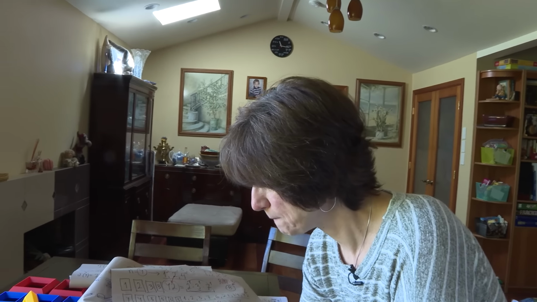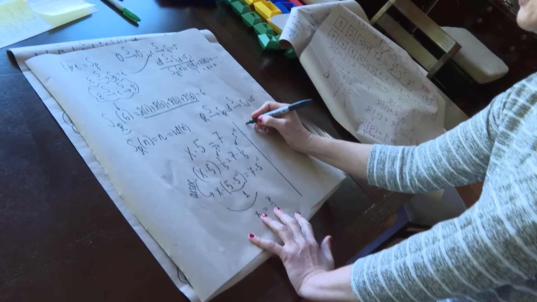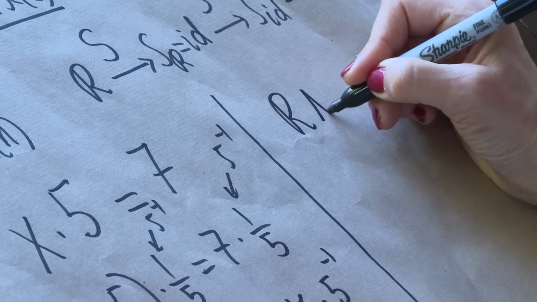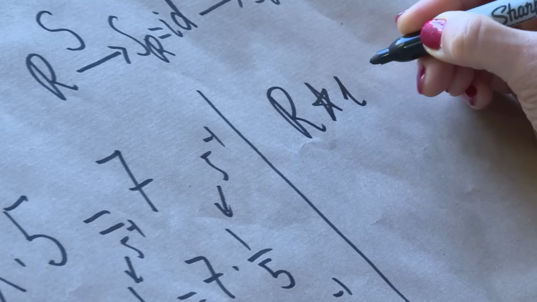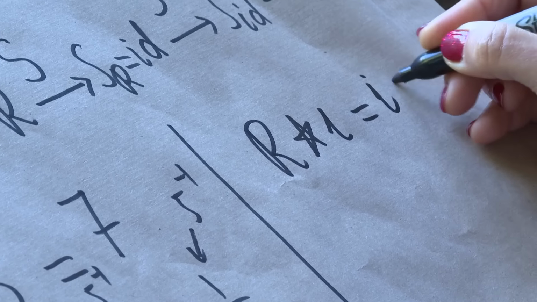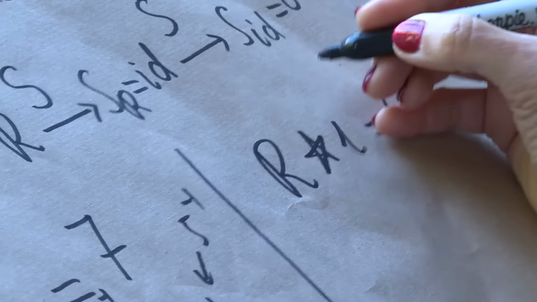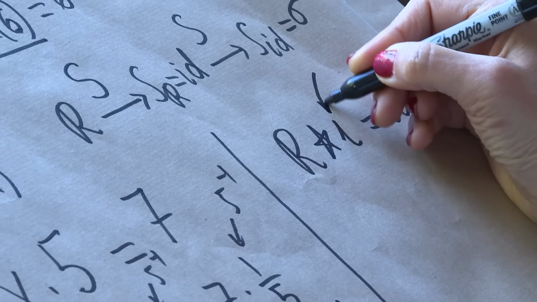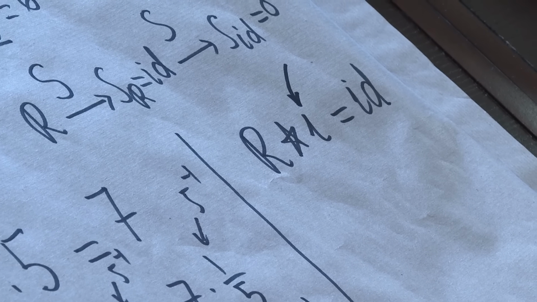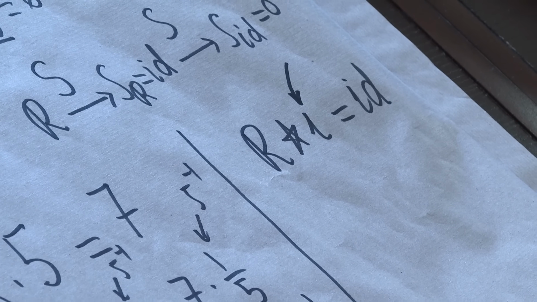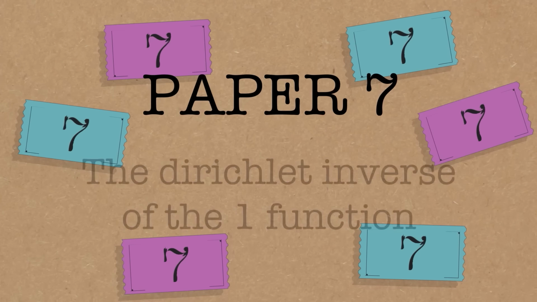Let's try. So what did we have? The Raffle function, Dirichlet with the 1 function, is the identity, right? I need to find the Dirichlet inverse of the 1 function.